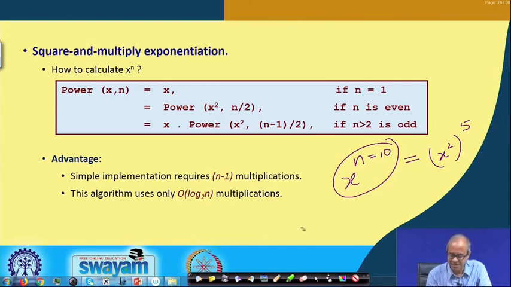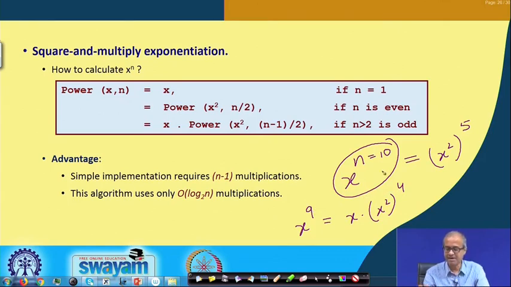Similarly, if I have x to the power 9, I am saying it is the same as x multiplied by x squared to the power 4. So, if n is odd, then it will be x multiplied by x squared to the power n minus 1 by 2, which is 4, that is, 9 minus 1 by 2.